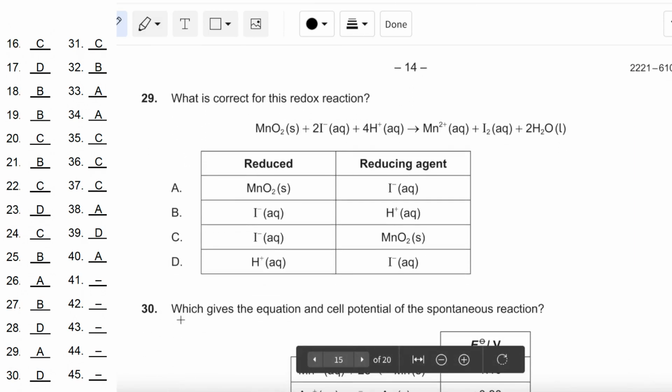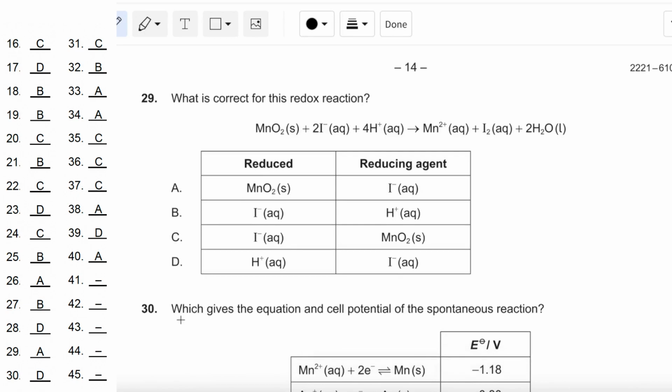Number 29, redox reaction. What is correct for this redox reaction? Which one is reduced? Which one is the reducing agent? If we break it down, the oxidation number for each: MnO2, O2 is -4, Mn is +4. 2I minus is -2. 4H plus is +4, and Mn2 plus is +2.